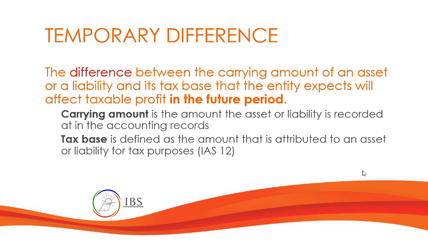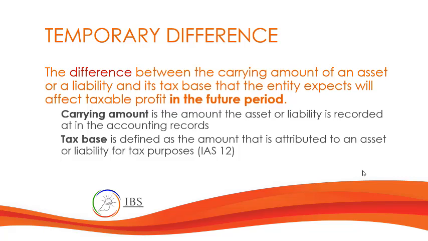So, when you talk about temporary difference, it is actually an effect of application of tax rule in determining taxable profit against the application of accounting rule or standards for presentation of financial statements. So these two terms are really important in our discussion. The first one is carrying amount, and the second one is tax base.